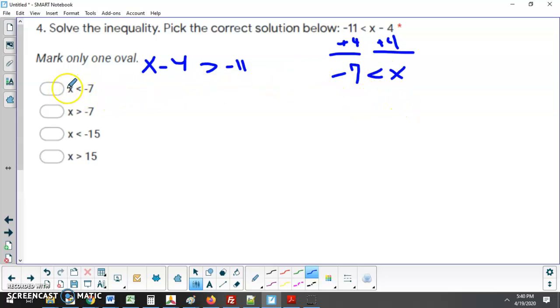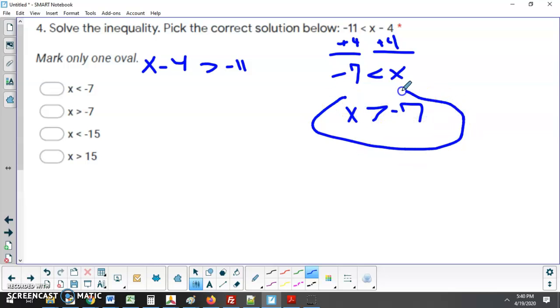This is saying -7 is less than the answer. So in other words, this means that x is greater than -7 if you rewrite it. Or if you go ahead and solve it this way, you'll realize that's the answer as well. So there you go. Be careful when the variable's on the right. You could rewrite it so the variable is on the left, and notice all the answers have the variable on the left. All right, next one here.